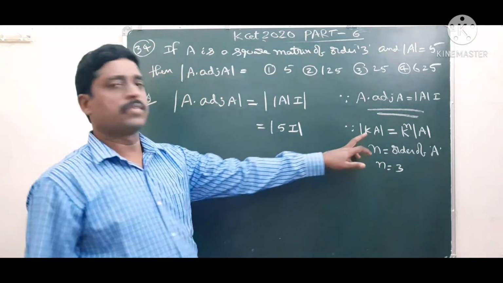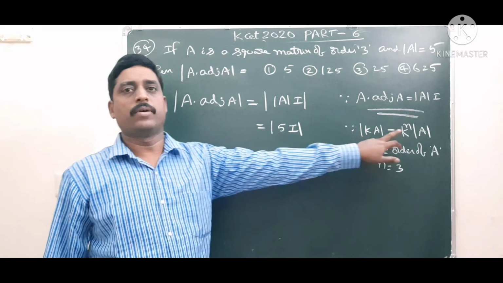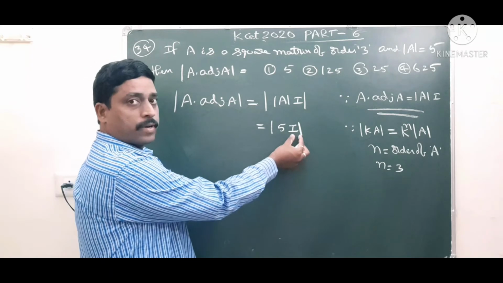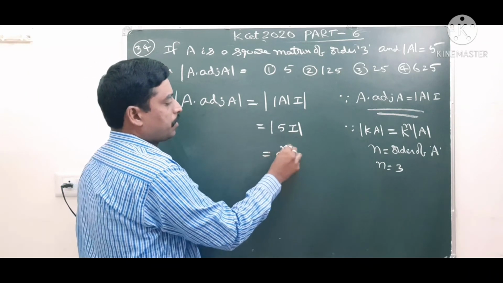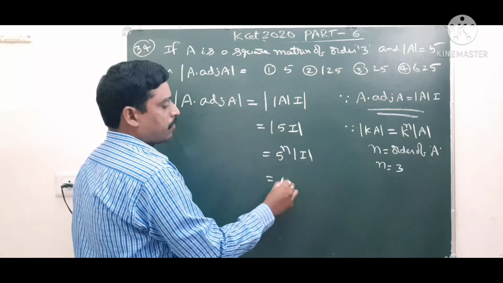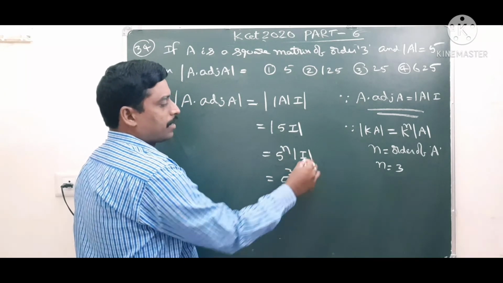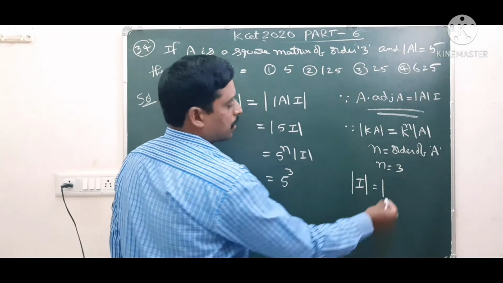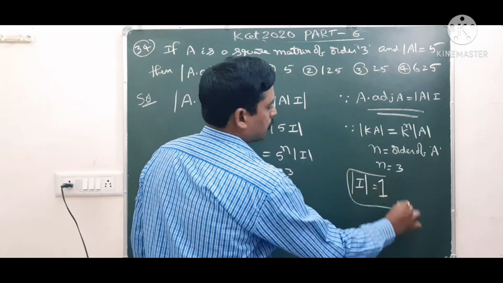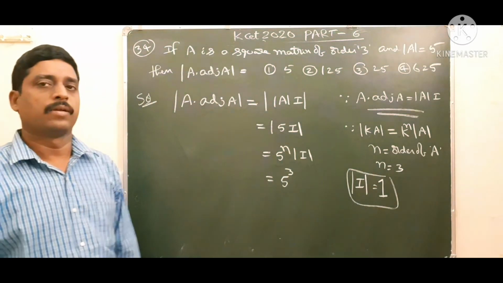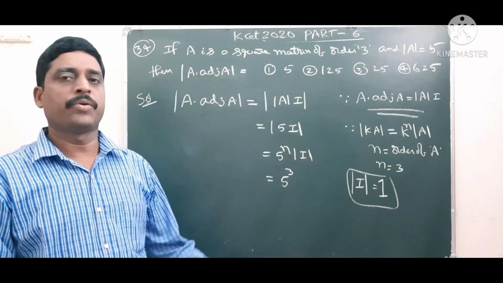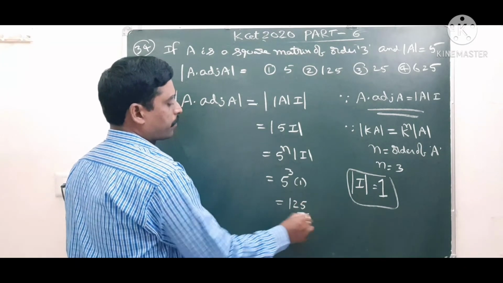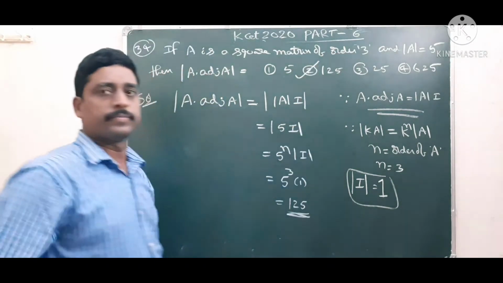By using this formula, det of 5 into I, where I is the unit matrix, is 5 to the power n into det I. This is 5 cubed into det of the unit matrix. The det of a unit matrix is equal to 1, whether 2 by 2 or 3 by 3, any unit matrix. So 5 cube into 1 is nothing but 125. So the second option is correct.